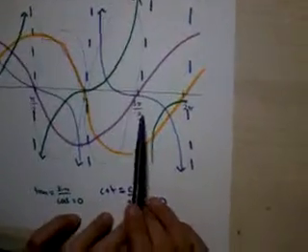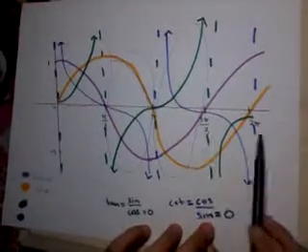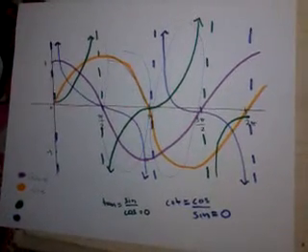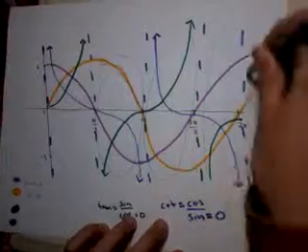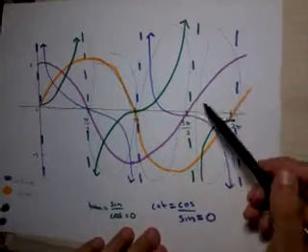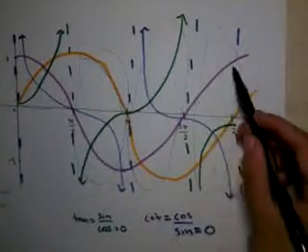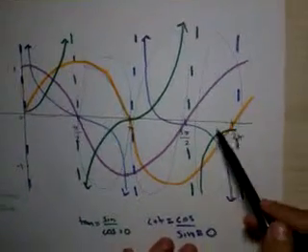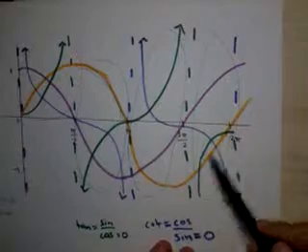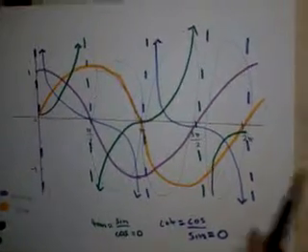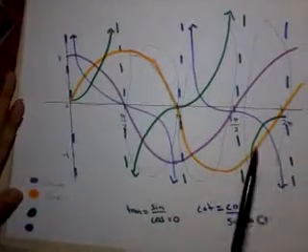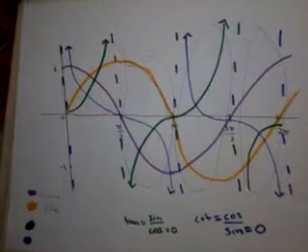Now from 3 pi over 2 to 2 pi, which is 270 to 360, which is all this quadrant, only cosine is positive, while the rest, tangent and cotangent and sine, are negative. And that is how we see the relationship between all these graphs on a unit circle scale.